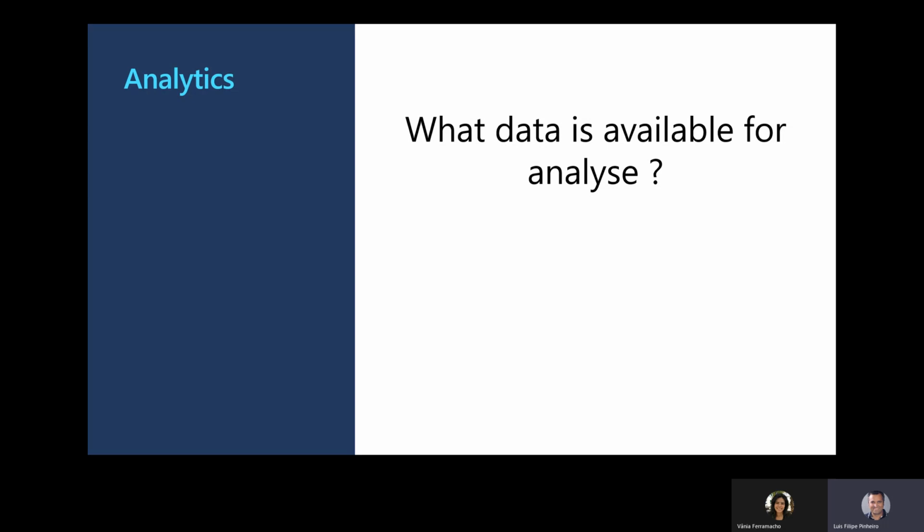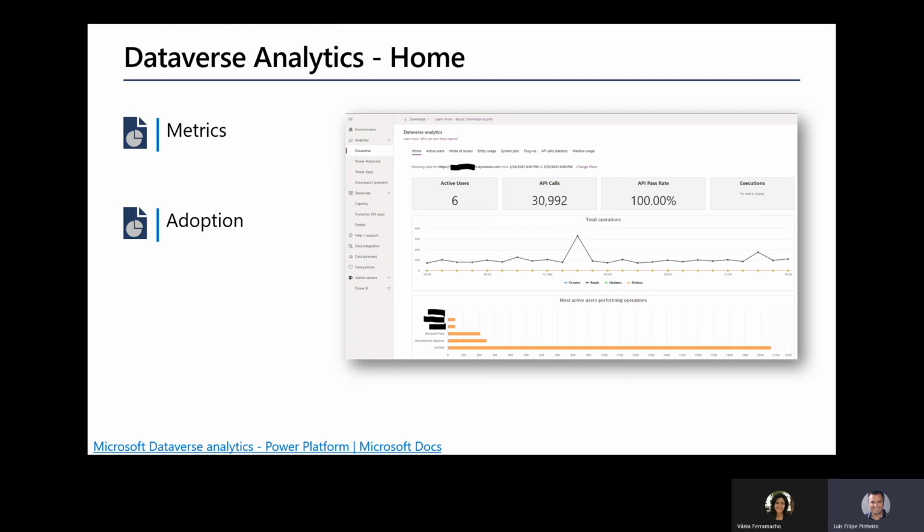Okay, so let's look at the analytics for Dataverse. In the Dataverse Analytics, you can quickly view the adoption and user metrics for your organization. To navigate to these analytics, you simply need to expand the analytics area of the PPAC and choose Dataverse.